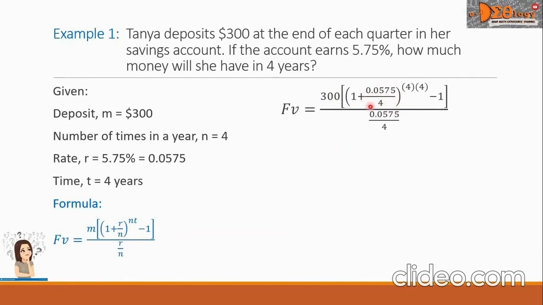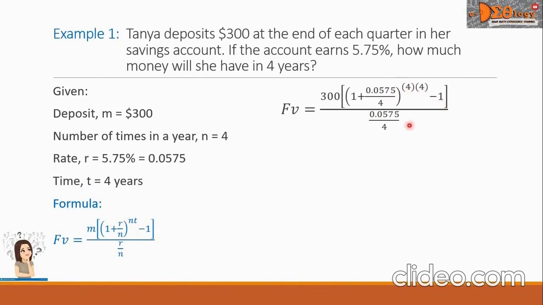And this same fraction we will write at the bottom, and the exponent here is the NT. So N, we have the 4, and the T is also 4. So we have here 4 times 4. And the constant minus 1 is now written here.